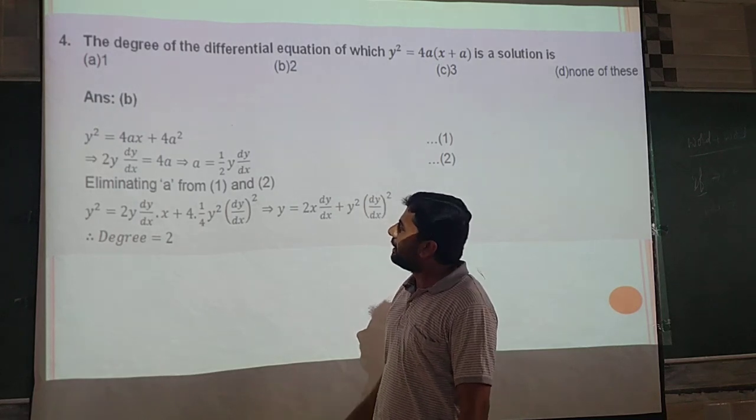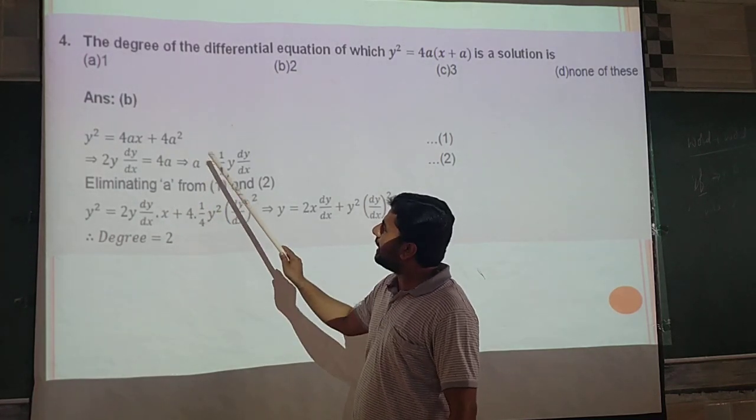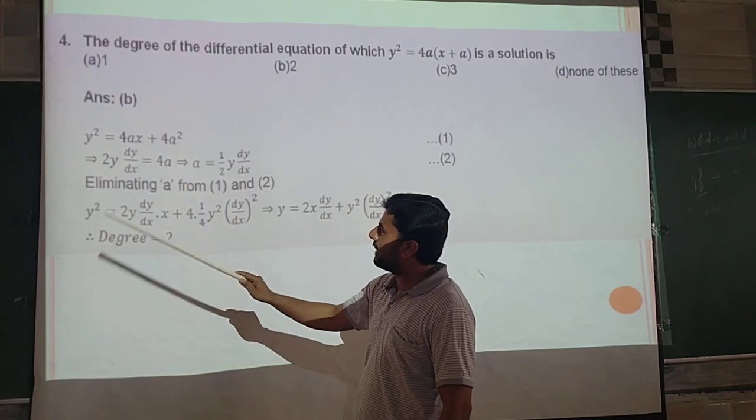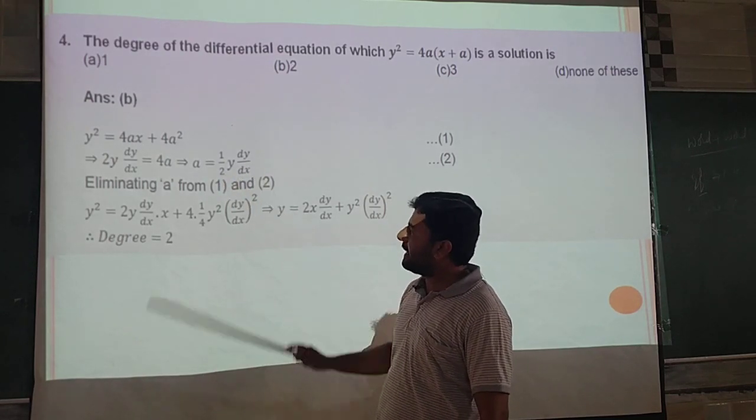Then we will eliminate the arbitrary constant a from equations 1 and 2. First we find the value of a: 2a is equal to 2y dy by dx, so a is equal to 1 by 2 into y into dy by dx.